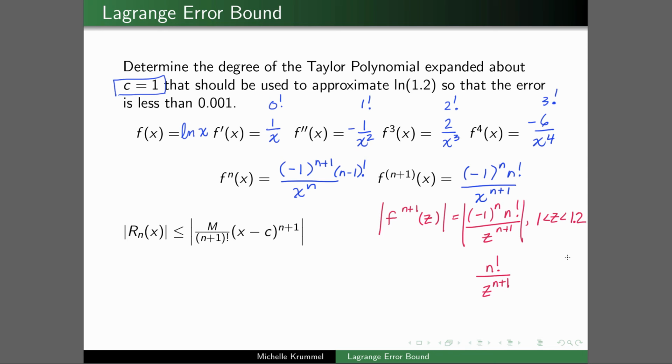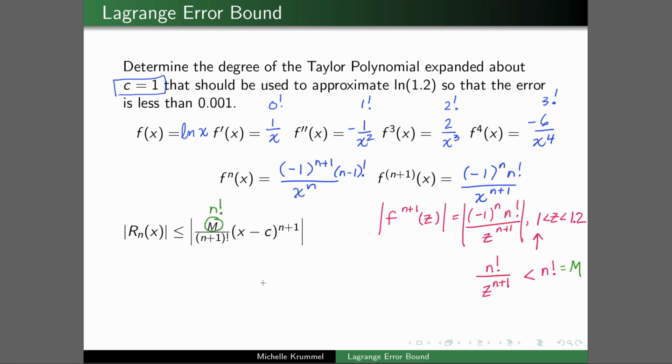And that's going to happen when z is as small as possible. So I'm going to choose 1 for z. If we substitute in 1 for z, then this expression just becomes n factorial. So n factorial is going to be larger than the actual remainder. And that's what I'm going to use for m, the largest possible value of my n plus first derivative on the interval from 1 to 1.2.